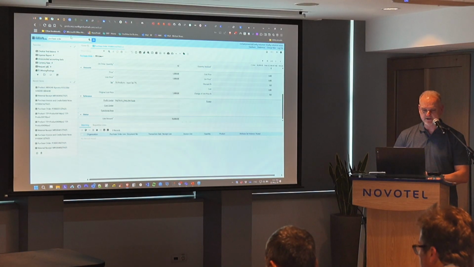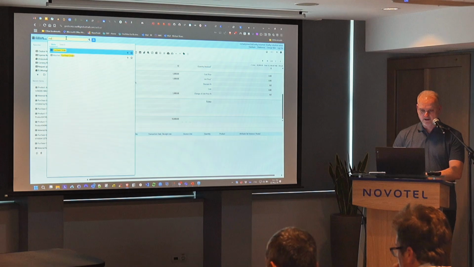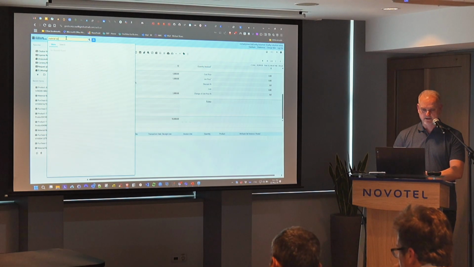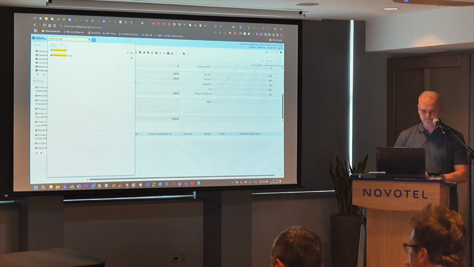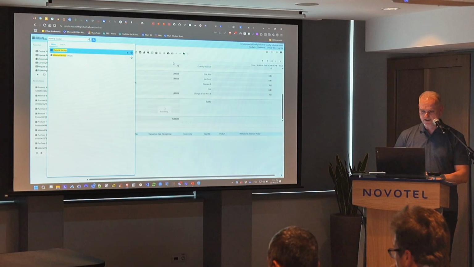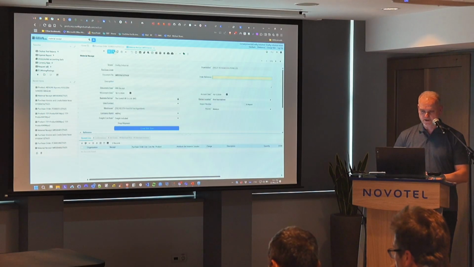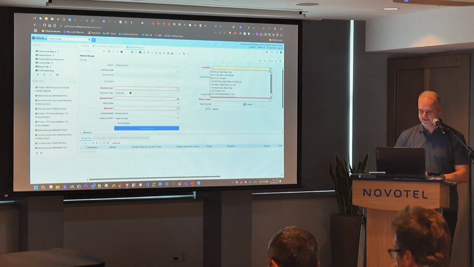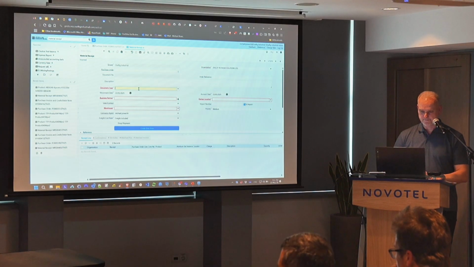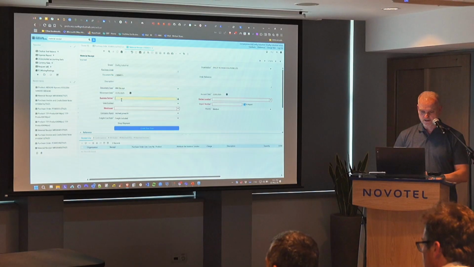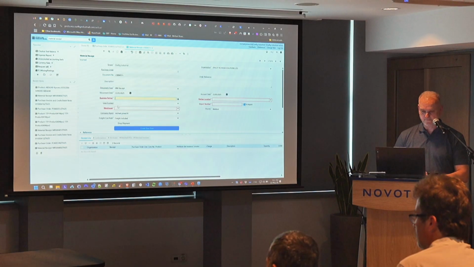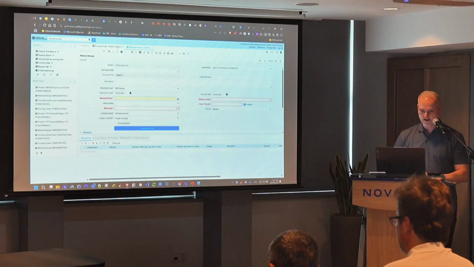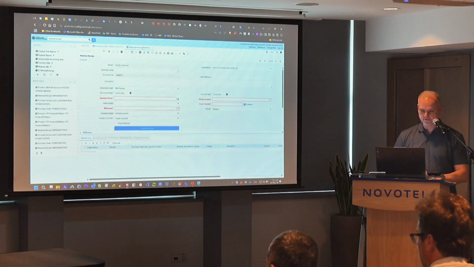So when I do a material receipt now, this is very straightforward. Create a new material receipt. So we do that in May, that's fine. I need to know my business partner, that was New Hampshire.